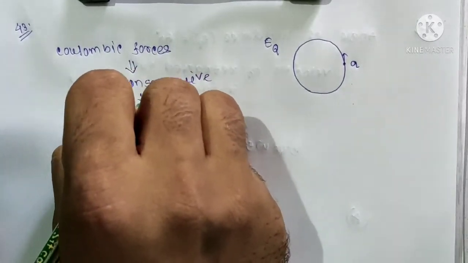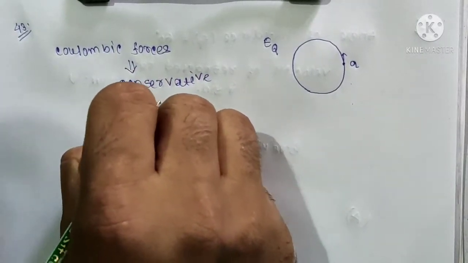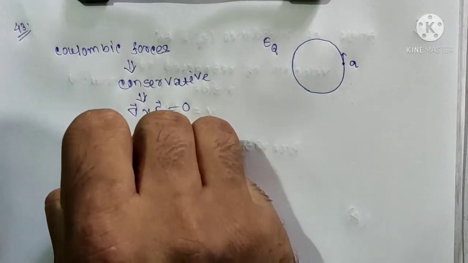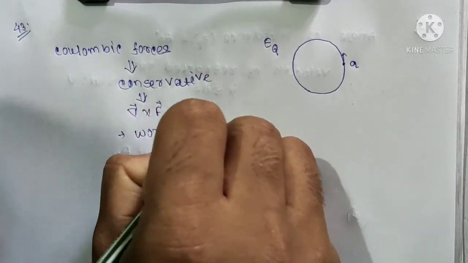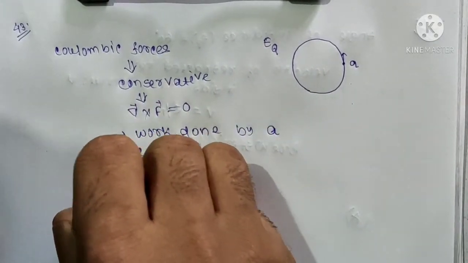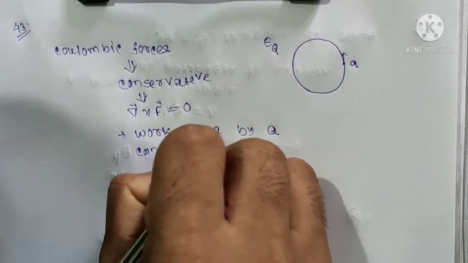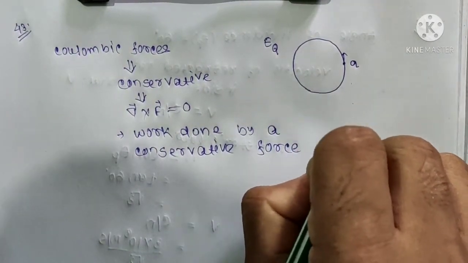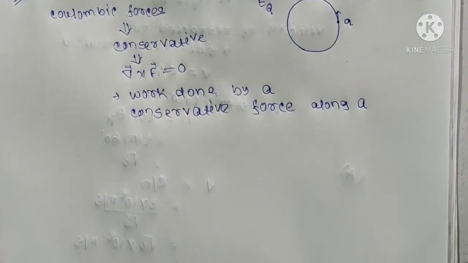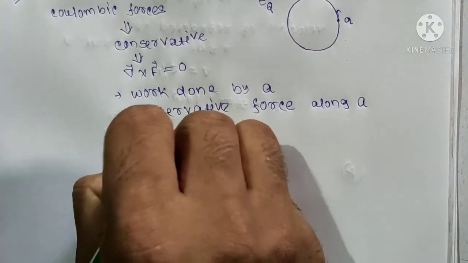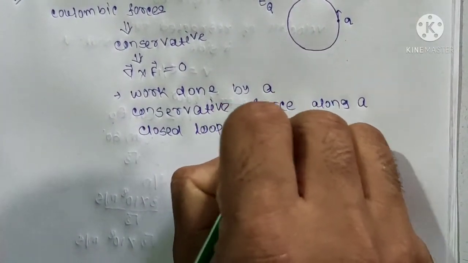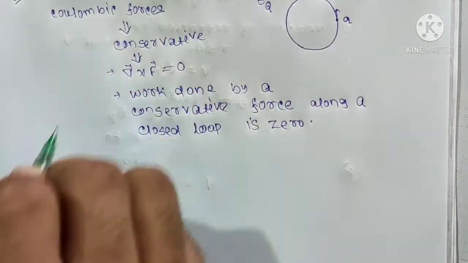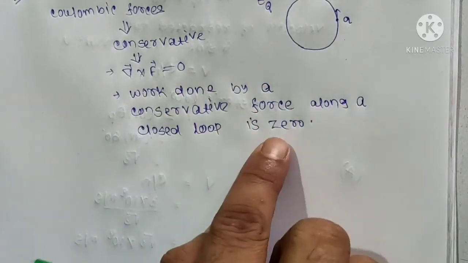Conservative means the curl of this force will be 0, and also we can say that the work done by a conservative force along a closed loop is 0. So these are the properties of this conservative force. Curl of this force will be 0. Work done by the conservative force along a closed loop is 0.